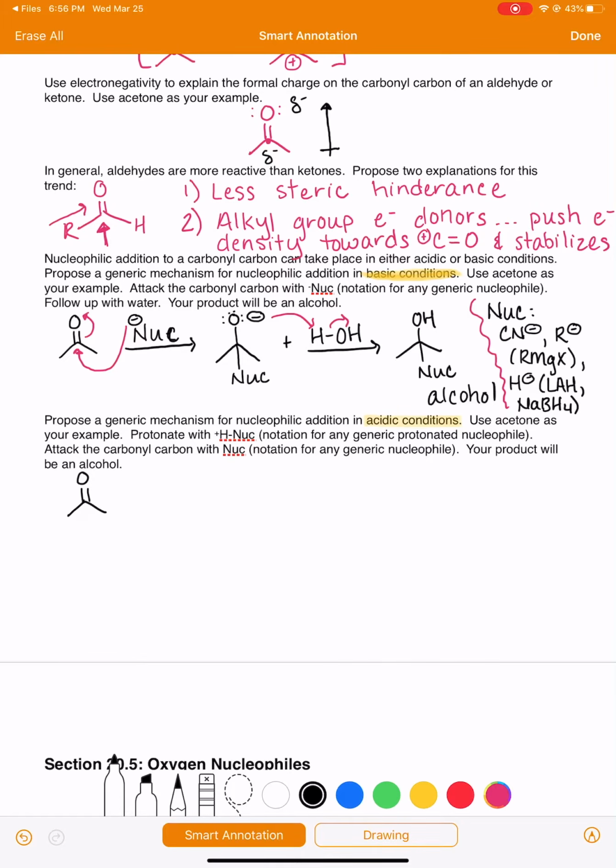In acidic conditions, we can't have negative formal charges. That's basic. Acidic conditions are positive formal charges. So we are going to be starting this reaction with some sort of positively charged acid, usually a catalyst. And we're going to abbreviate in this generic mechanism H-Nuc. So this would be a protonated nucleophile.